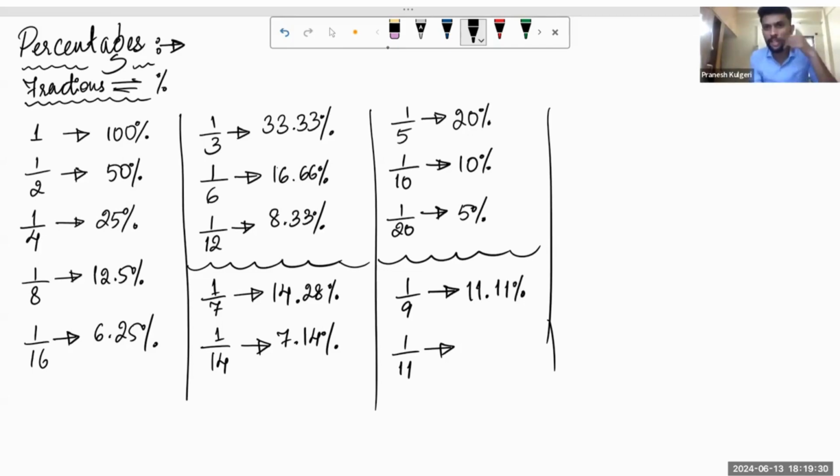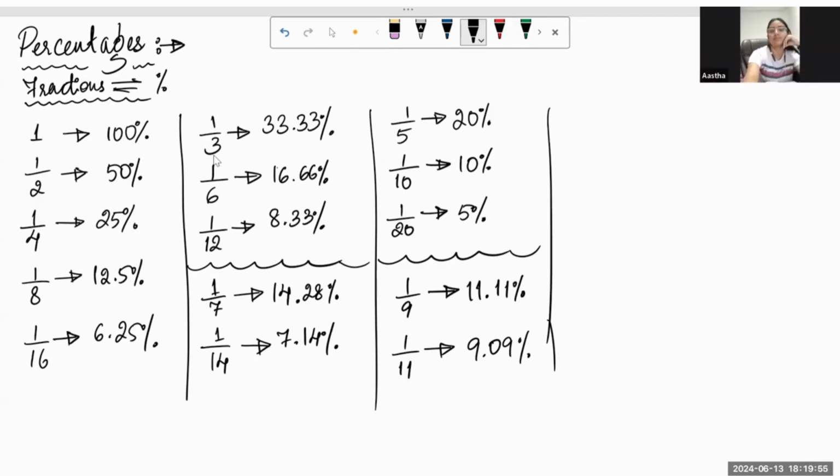If 1 by 9 is 11.11, 1 by 11 is 9.09. Correct. I have grouped both of them in the same family so that you can easily remember. 1 by 9 is 11.11, 1 by 11 is 9.09.